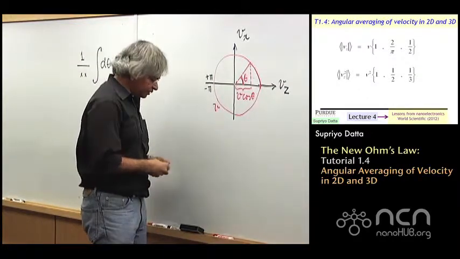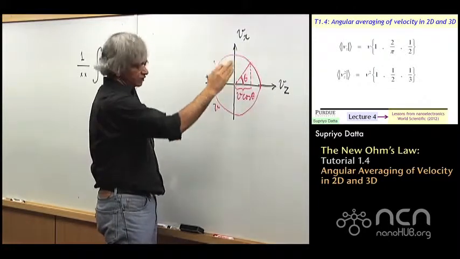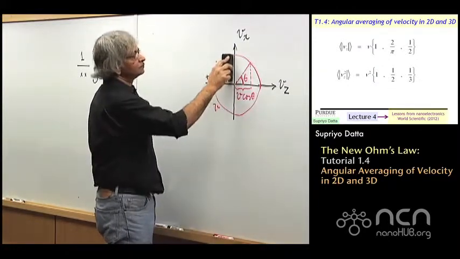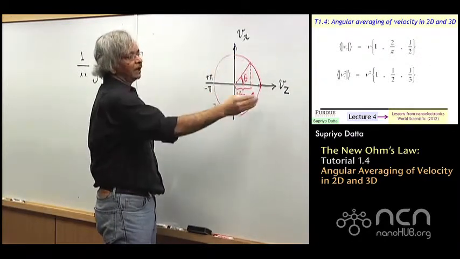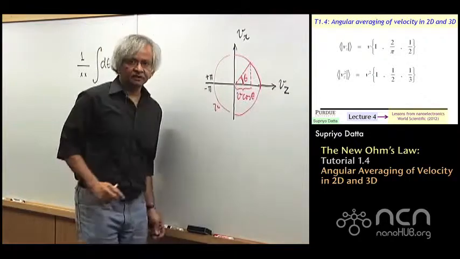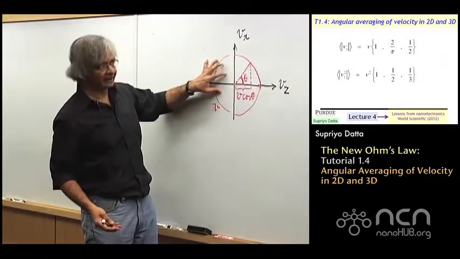For this problem, it is more convenient just to integrate over half the circle up to here, just the front part, which is the part where Vz is positive, because here Vz is positive, here Vz is negative.